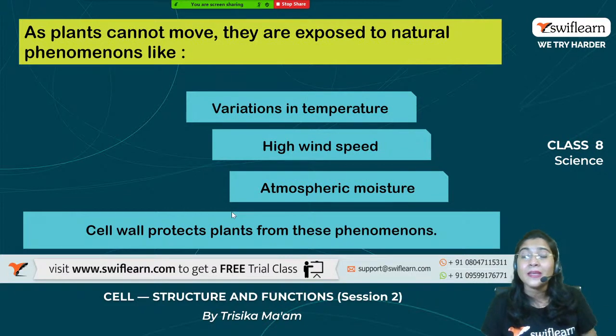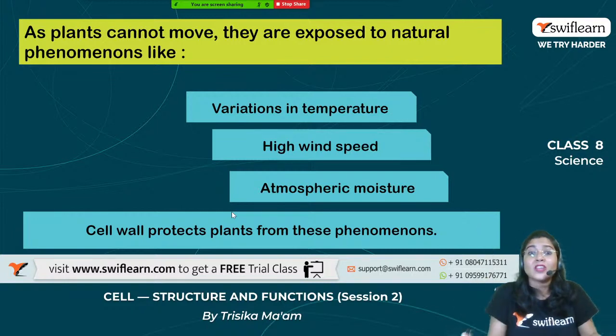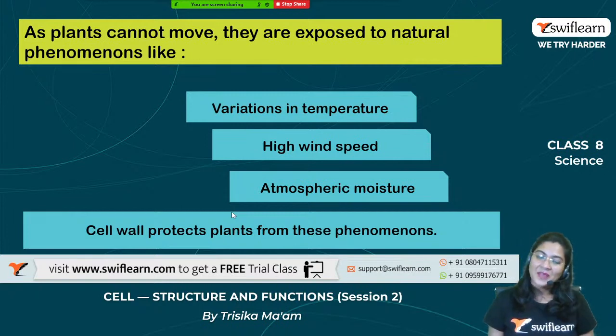Can the plants come inside our home or inside certain shelter? No, they are exposed to all these natural calamities and they have to face it by standing straight at that position only. And that is why they require some extra protection which is given by the cell wall of each of the plant cells. Clear here? Up to this much?